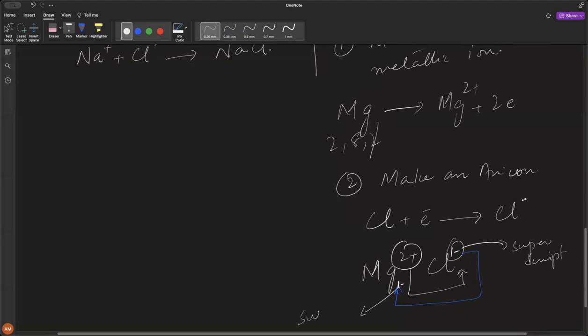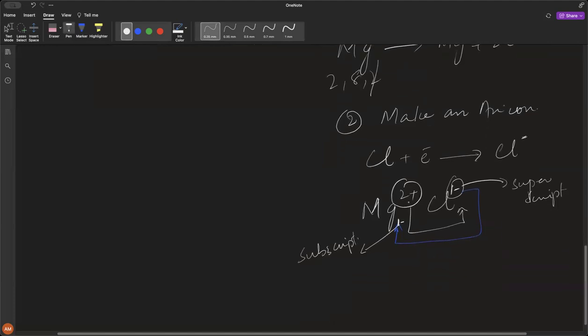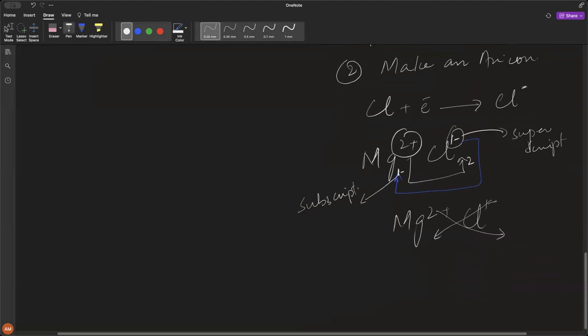This is the subscript. You bring this superscript here as its subscript. Just imagine that you can cross multiply. Bring it here and bring this here. So what's going to become? Mg1 and Cl2. Did you get it?